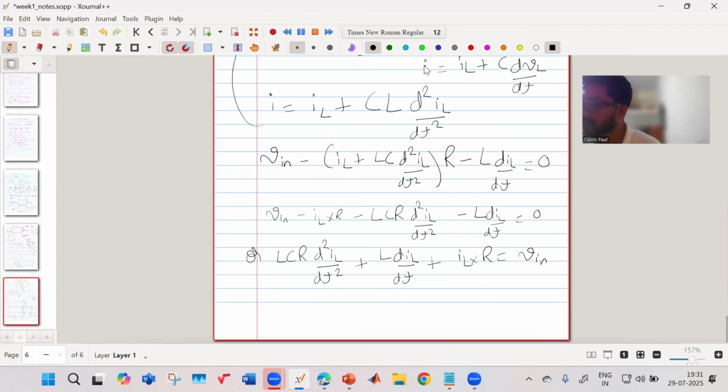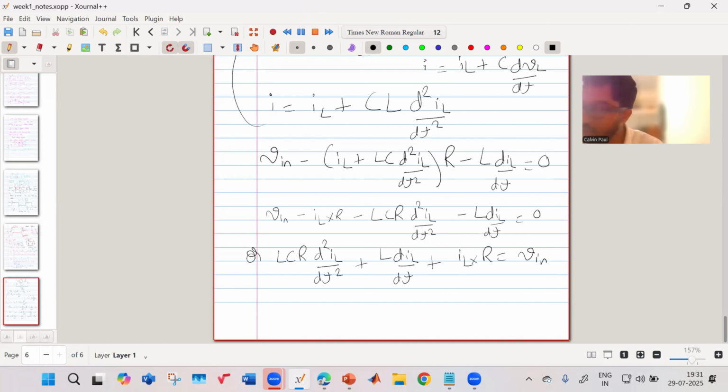So what we do usually in this case is, it is a second order differential equation. Next, we preferably make the coefficient of the highest order differential unity, so that's why we scale it by LCR.